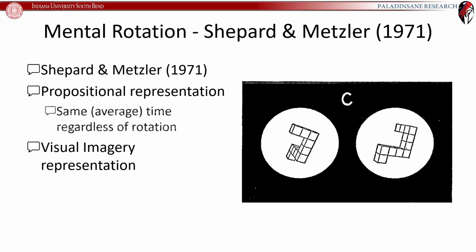Okay, so what's going to happen in this case? Well, for the propositional representation, regardless of the degree of rotation, you're just going through a list. You're just going 3 cubes, 90 degrees, 3 cubes, 90 degrees, 2 cubes, 90 degrees, 2 cubes. You're just going through your list. So on average, regardless of how rotated they are, it should take the same average time. Basically, you would stop as soon as you get to that first disagreement.